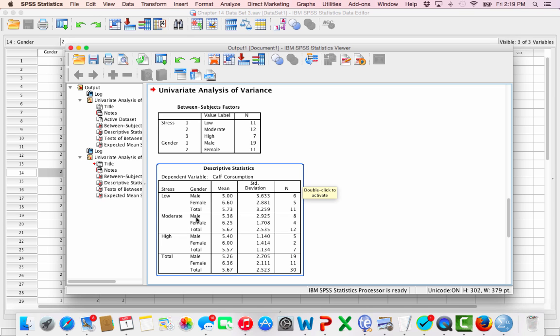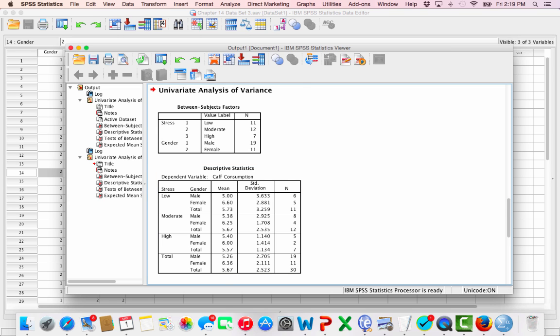Males who reported moderate and females who reported moderate, as well as overall. And then males and females who reported high stress and overall. And then they looked at overall caffeine consumption, not related to stress level, just males and females and overall.